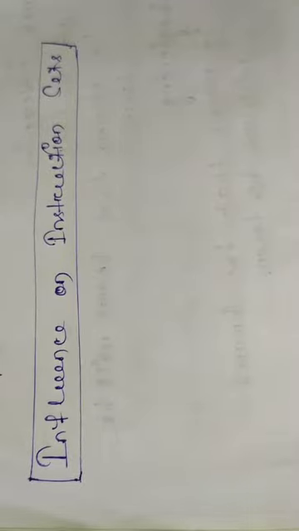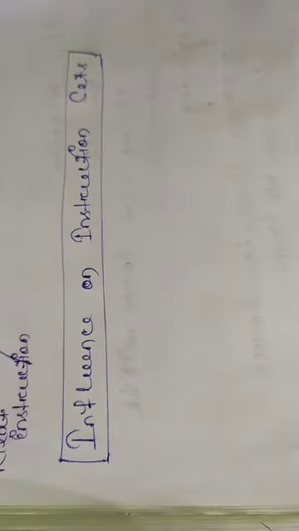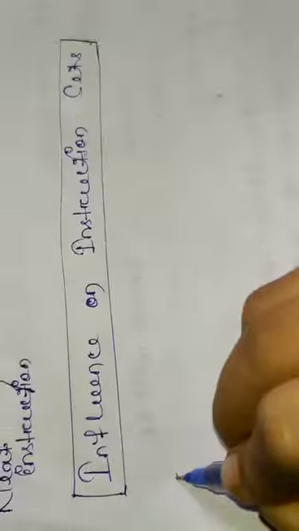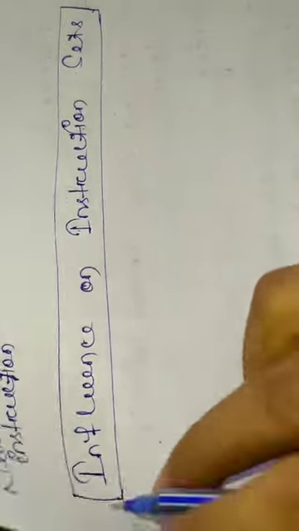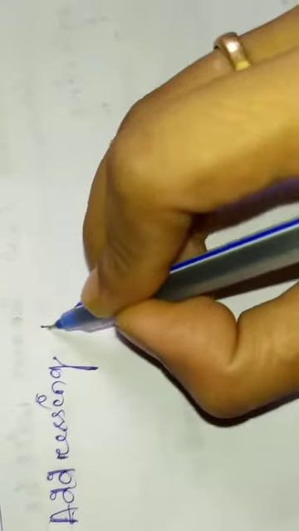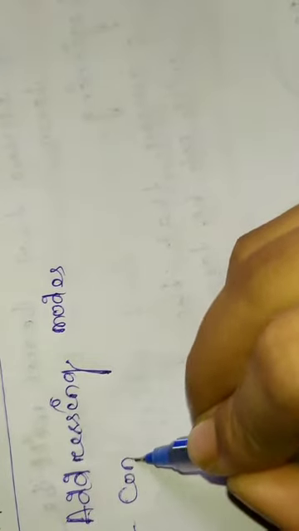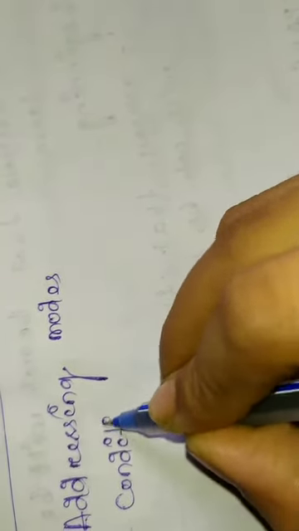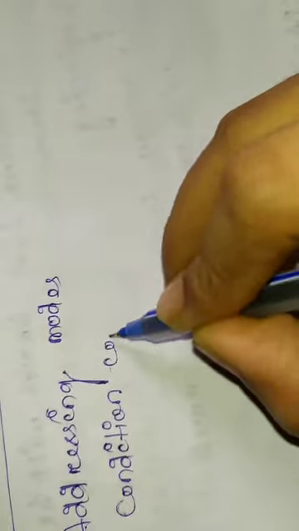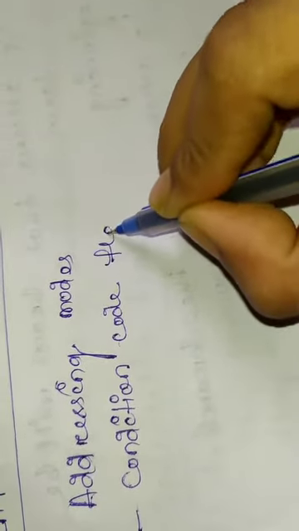So the machine instructions are influenced by basically two things. One is addressing modes and another one is condition code flags.